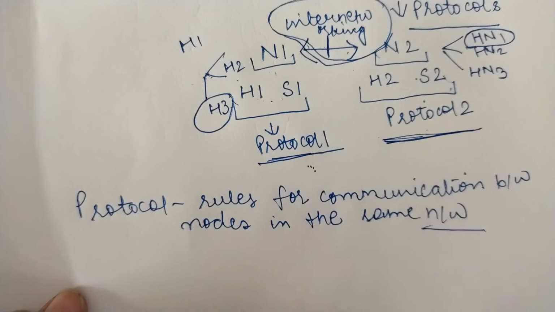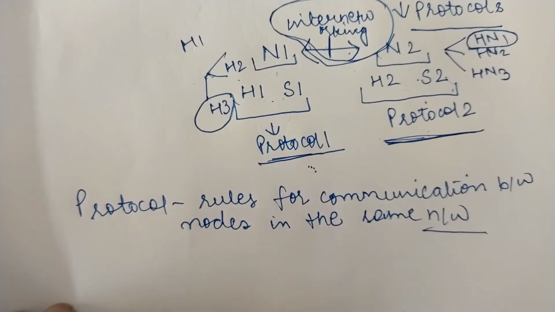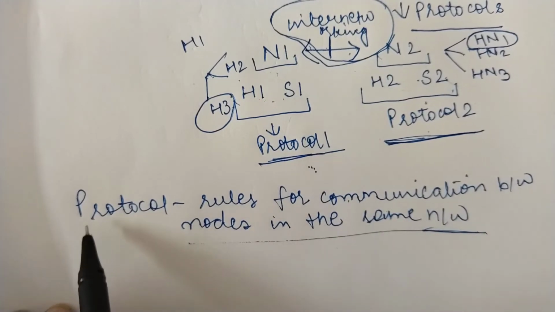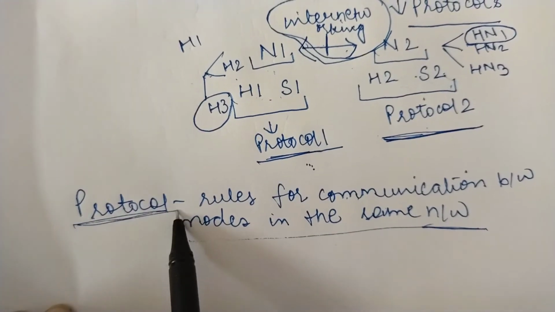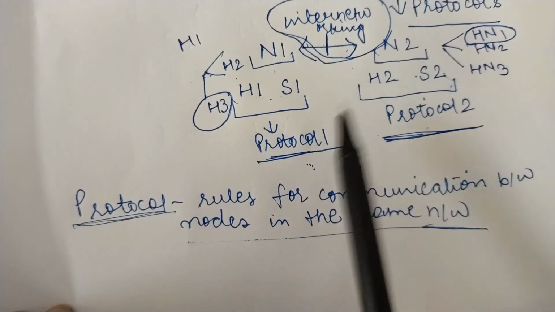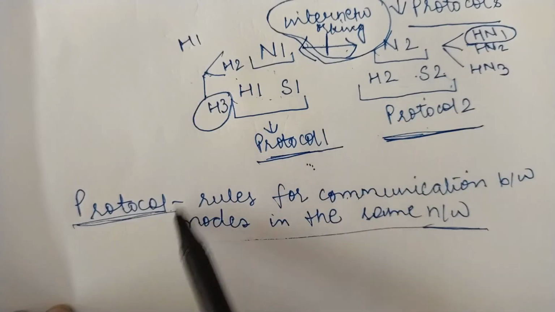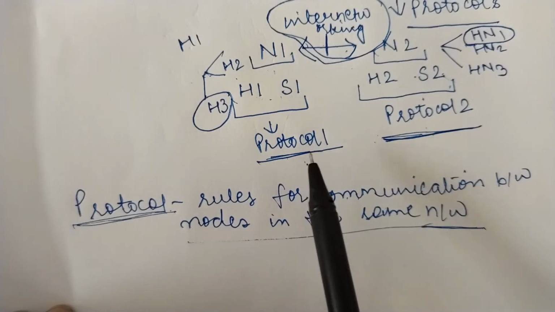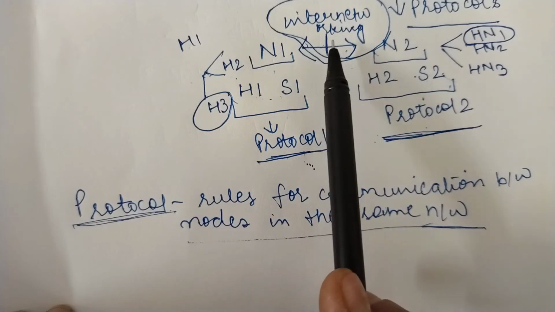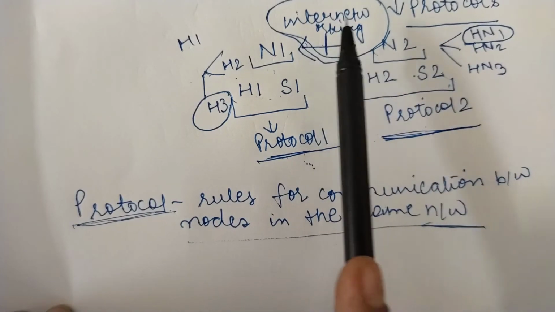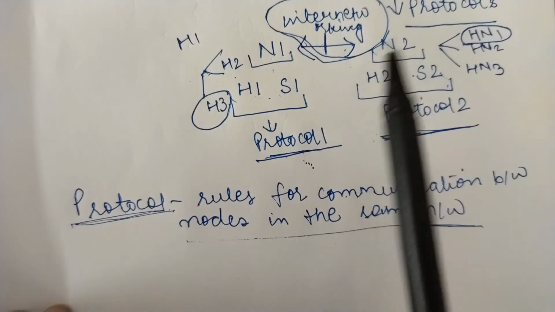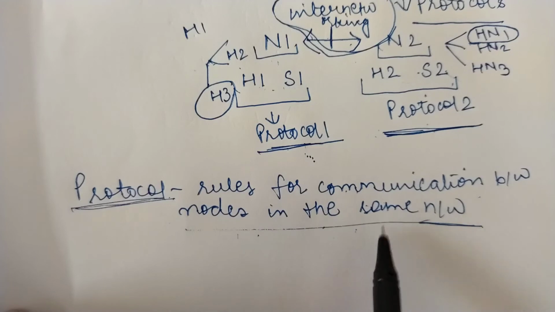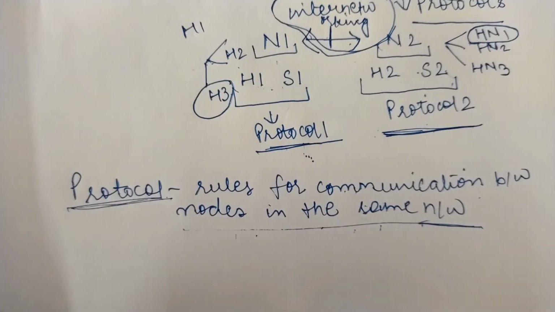So when hosts or nodes or machines are in the same network, they follow the same rules for communication, and these rules are known as protocol. But when two hosts on two different networks want to communicate, there are different sets of protocols, and how they will communicate is a question in itself. This kind of connection between two different networks, as I told you, is internetworking or internet. Protocol, as you all know, is a set of rules for communication between nodes in the same network.